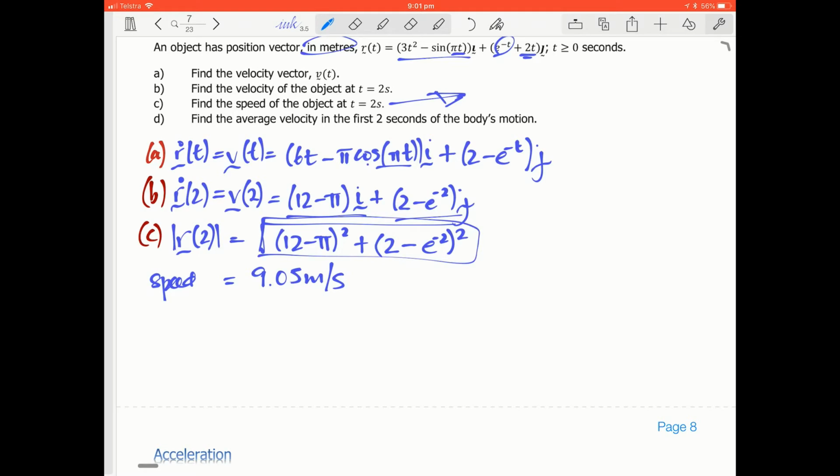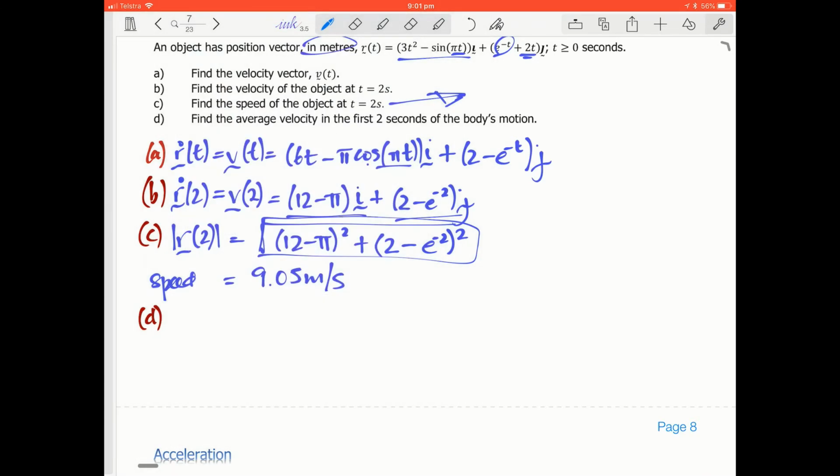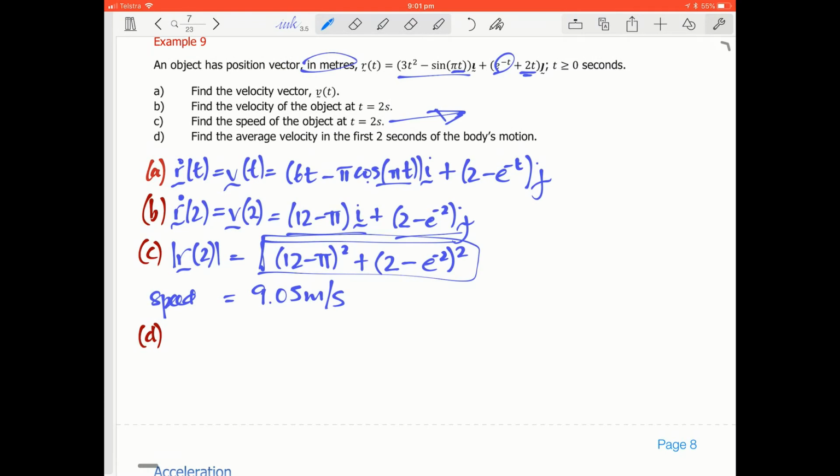Okay, the average velocity in the first 2 seconds of the body's motion. Not forgetting that our average velocity is our change in displacement over time. So our initial position, or our position when t equals 0, r of 0, is 3 times 0, and then sine pi times 0, which is 0.